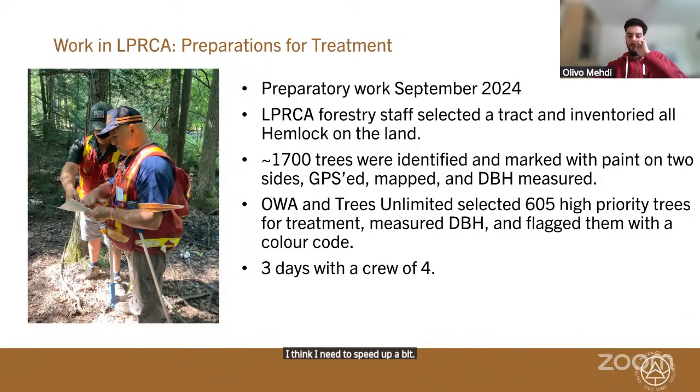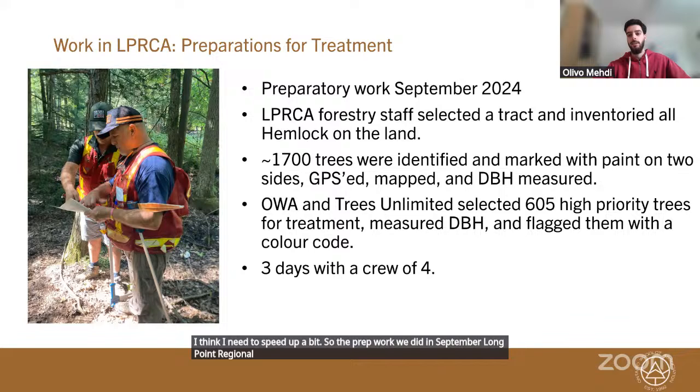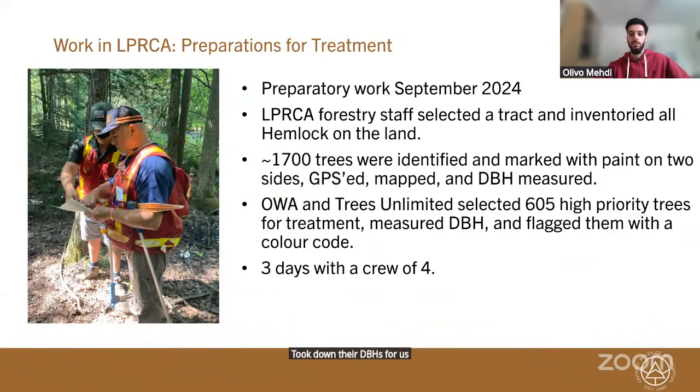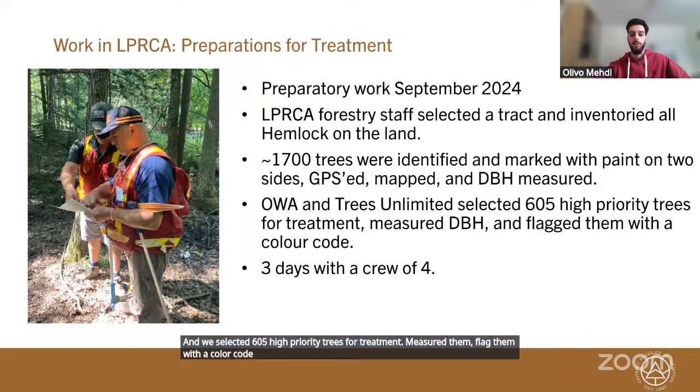So the prep work we did in September: Long Point Regional Conservation Authority staff measured a bunch of hemlock trees and marked them all, mapped them, took down their DBHs for us, and that was about 1,700 trees in this one tract. Then we came in with Trees Unlimited, and we selected 605 high priority trees for treatment, measured them, and flagged them with the color code telling us which treatment we're going to use.